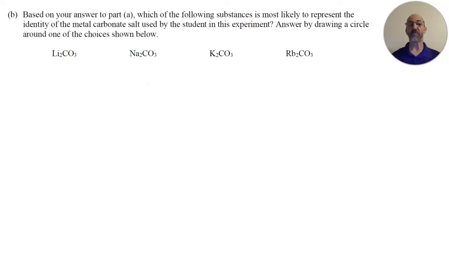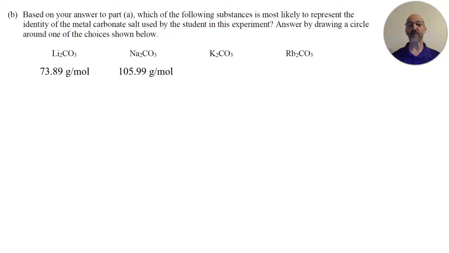So part B says, based on your answer to part A, which of the following substances is most likely to represent the identity of the metal carbonate salt used by the student in this experiment? Answer by drawing a circle around one of the choices shown below. So I'm looking for 138 grams per mole. So is it lithium carbonate? No, that's around 74 grams per mole. Is it sodium carbonate? No, that's around 106 grams per mole.